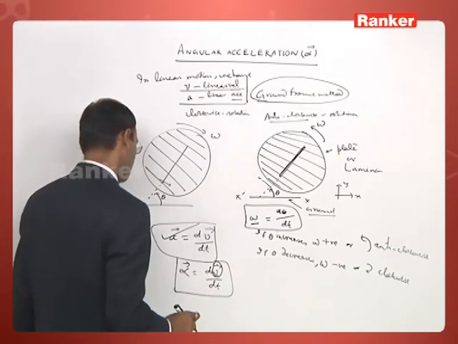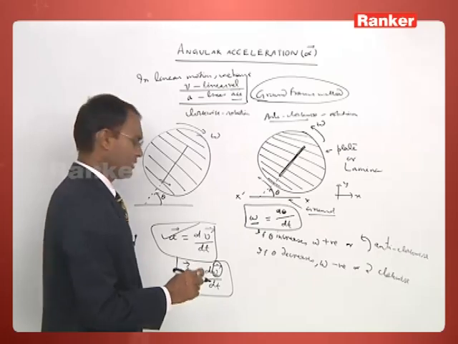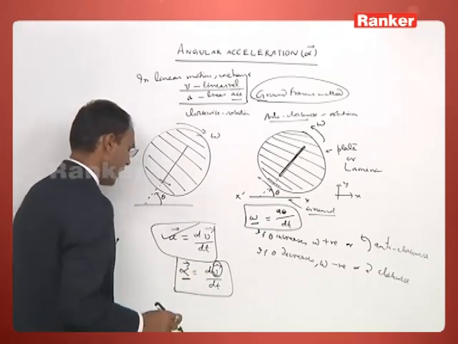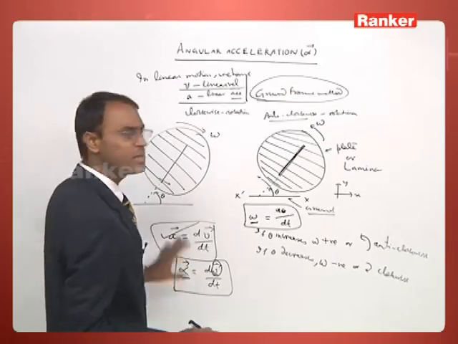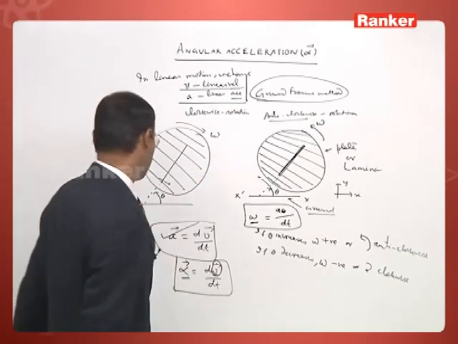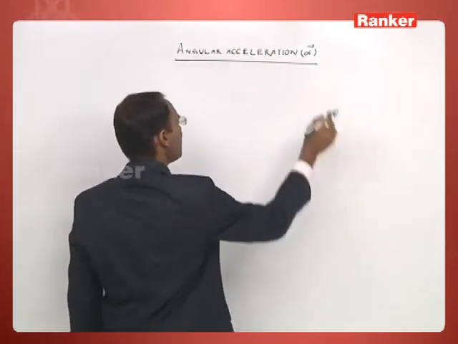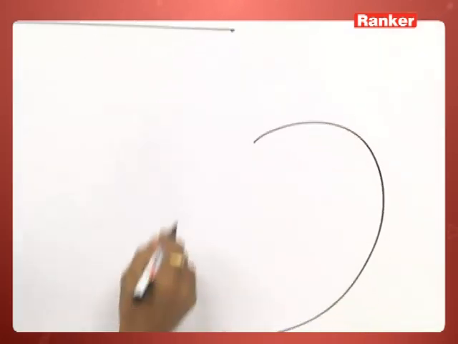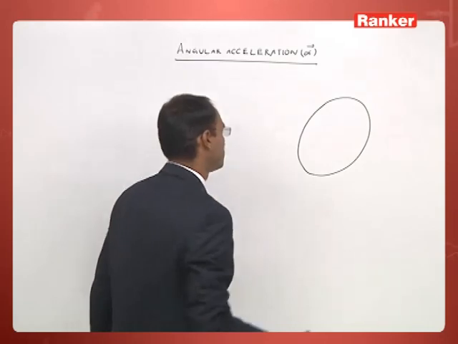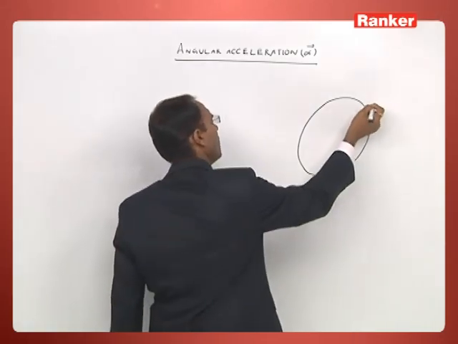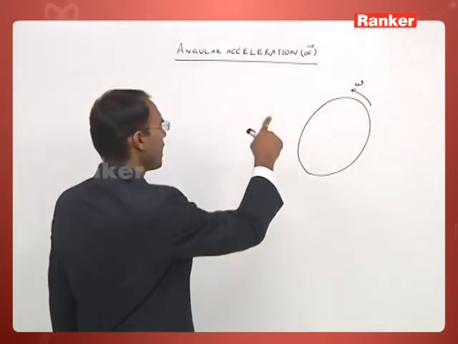Well, the rate at which the omega is changing is defined as angular acceleration, and we have to talk about this angular acceleration especially in this context. Well, to define the angular acceleration, we need to take this rotating plate. Let the plate rotate in anticlockwise sense with an angular velocity omega.